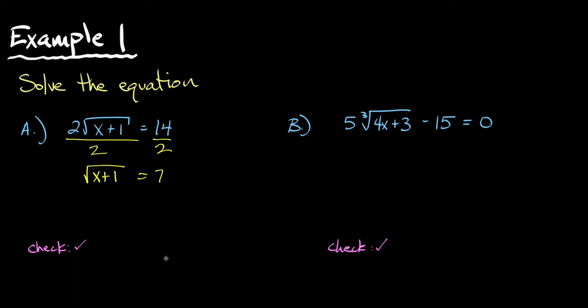So then we have root something equals 7. We want to get rid of the root symbol if we can, because then the problem becomes much, much easier. And by far the best way to get rid of the root symbol is to do the opposite of it. This one is a square root, so when there's no number there, that's the same as a 2. The square root is the most common by far, so they just leave the number off.